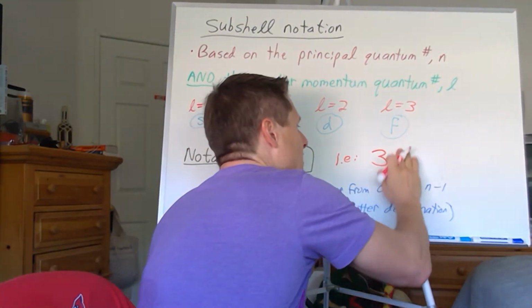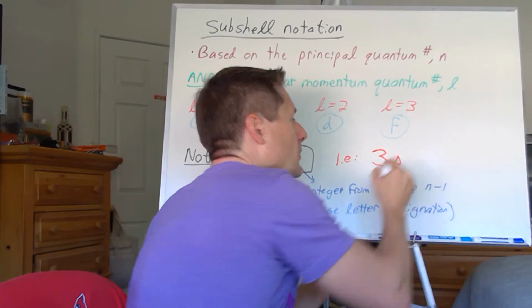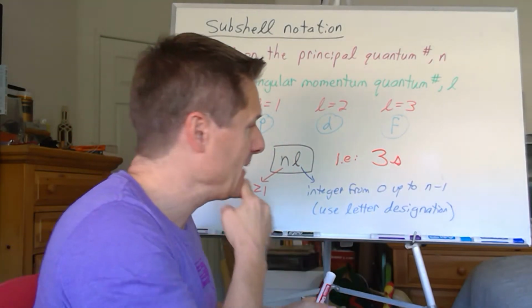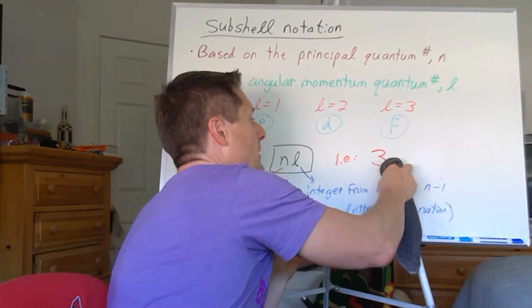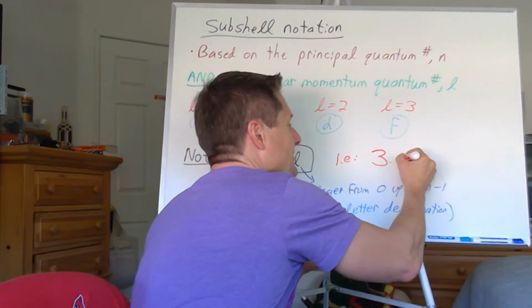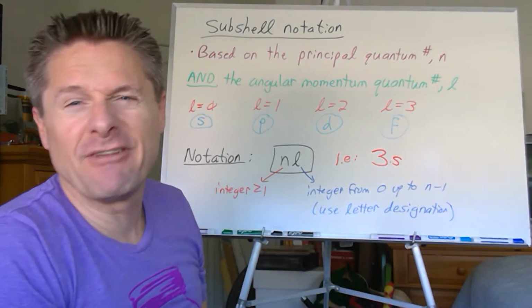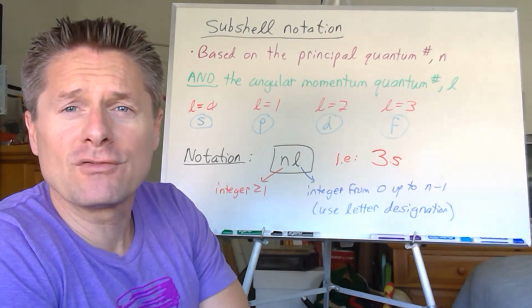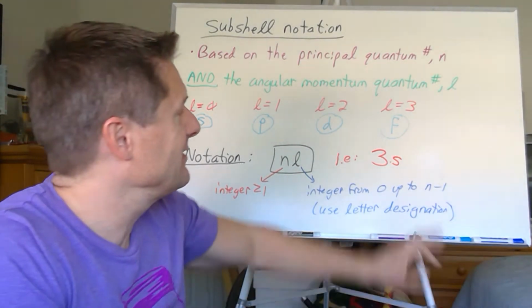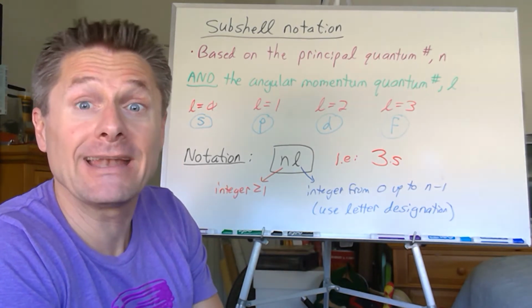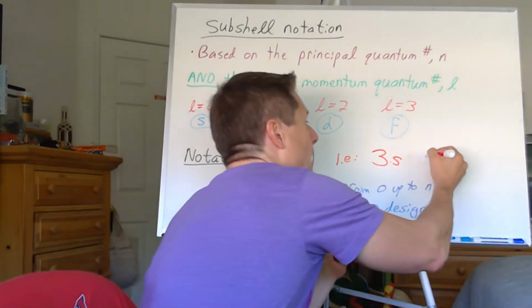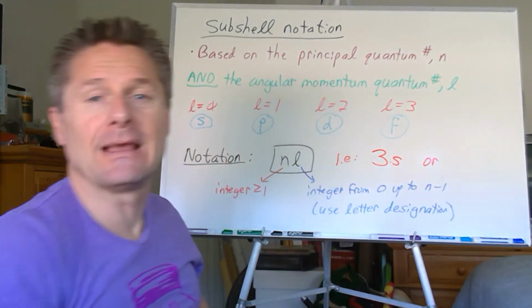I've also seen people do a cursive S, because sometimes people's S looks like a 5. You know what I'm saying? So if you're really good with your S's, then that's fine. If you're not, I'm okay if you use a cursive S. I flip back and forth between the two, because sometimes my S's look like 5s, and I don't want that to look like a 35. Get it? Got it? So that would be called a 3S subshell.